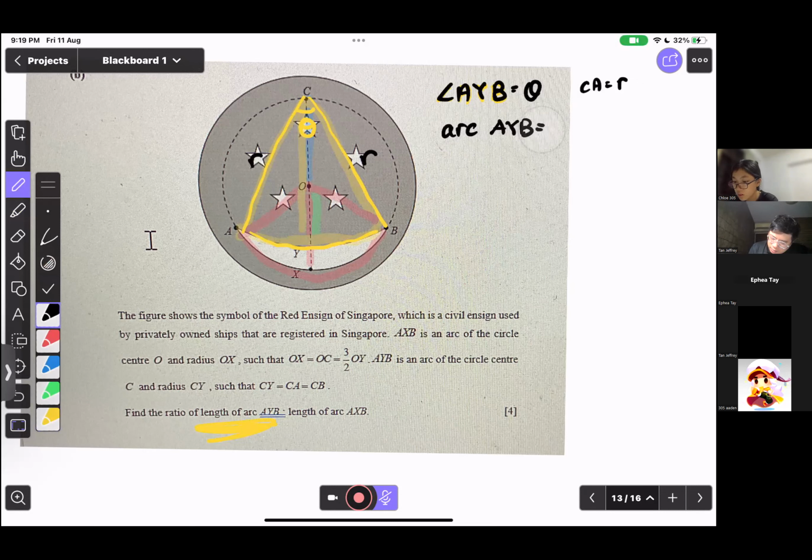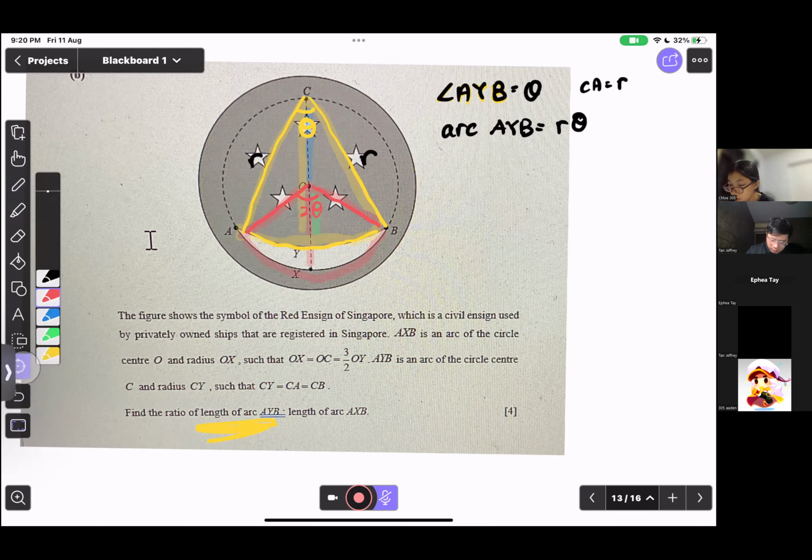Is that okay? Now if this is theta, what is this? 2 theta. Very good. Angle at center is 2 times angle at circumference.